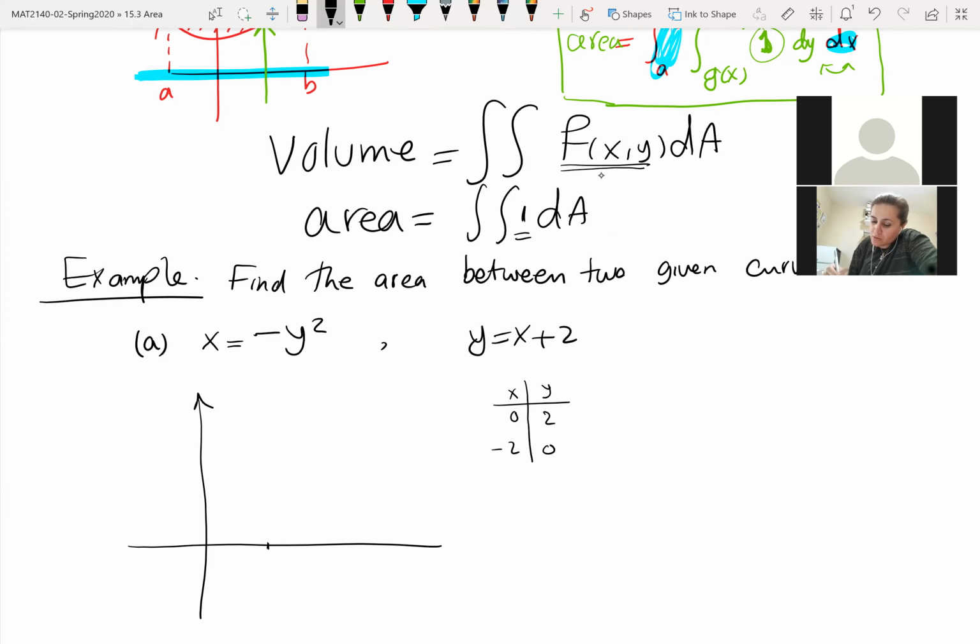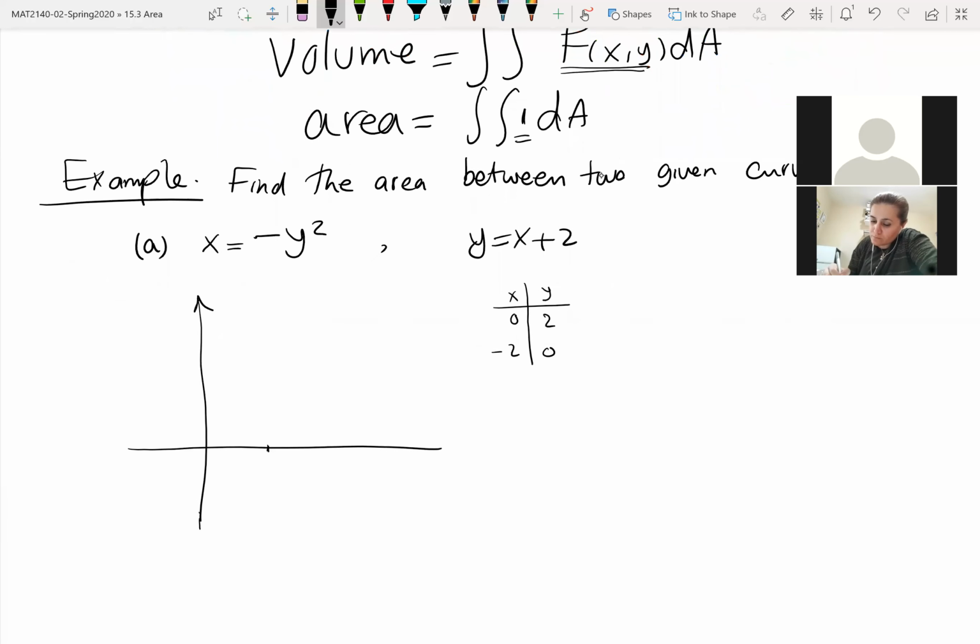Sorry, x is negative 2 and y is 2 positive. So this is just the line of y equals x plus 2.